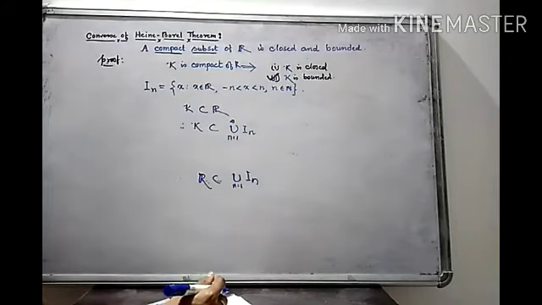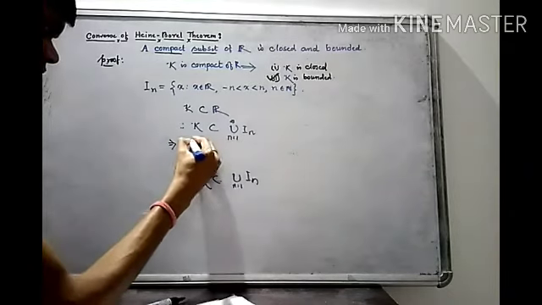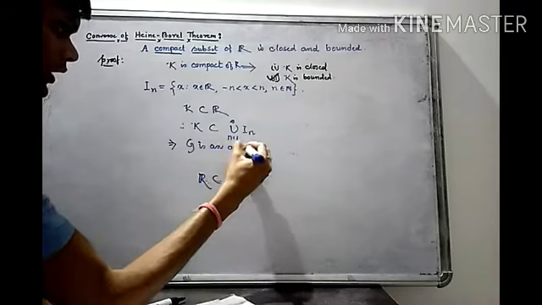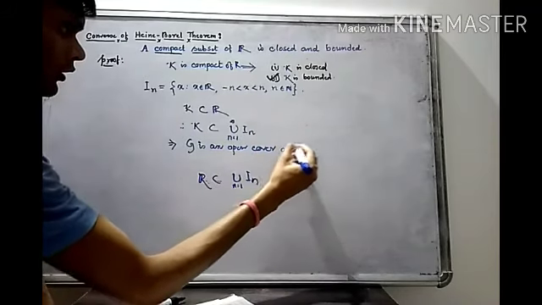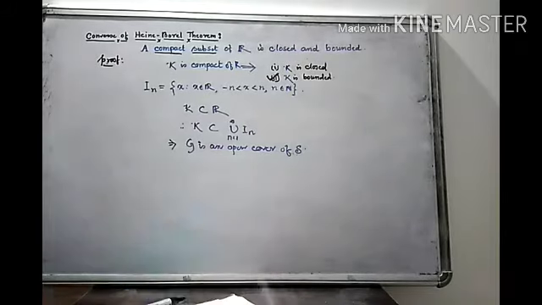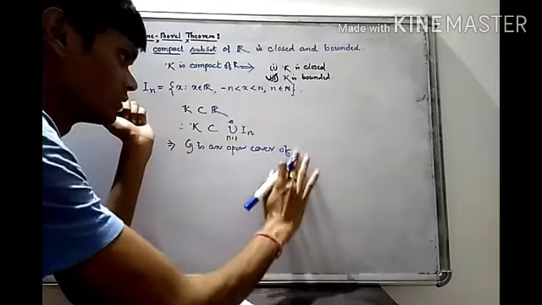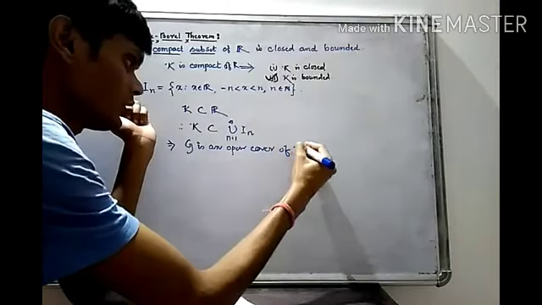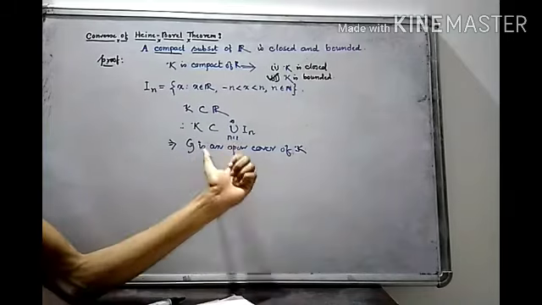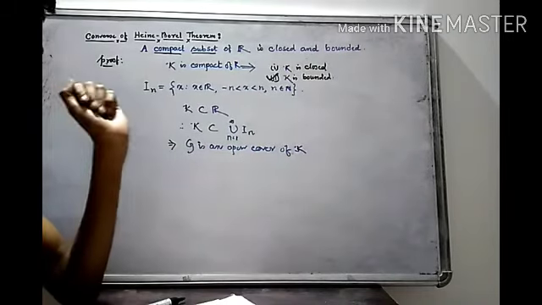Okay. That means if this happens, then from here we can say script G is an open cover of K. So this G is an open cover of K.